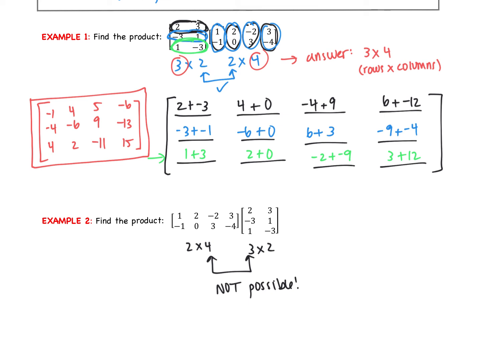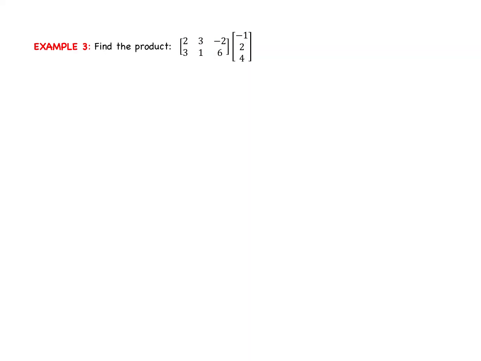Okay. One more, so let's go to the next page, please. Okay, can anybody tell me the dimensions of the first matrix? 2 by 3, thank you. 2 rows, 3 columns. Second one, 3 by 1.